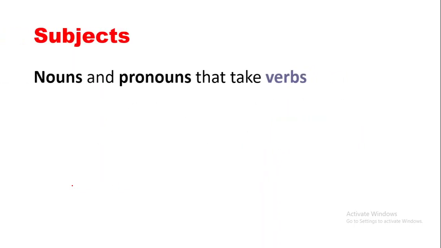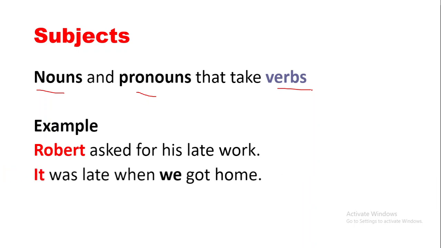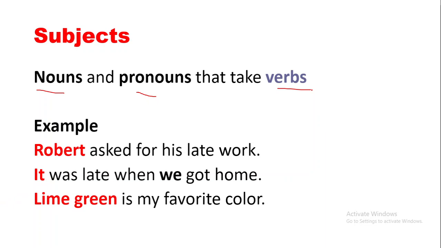So what are the subjects? Subjects are basically nouns and pronouns that take a verb. For example, Robert asked for his late work. It was late when we got home. Lime green is my favorite color. So Robert, it, lime green, these are the subjects in these sentences.